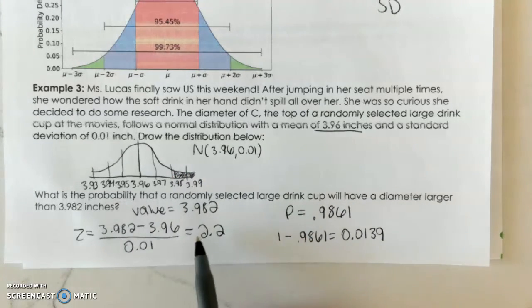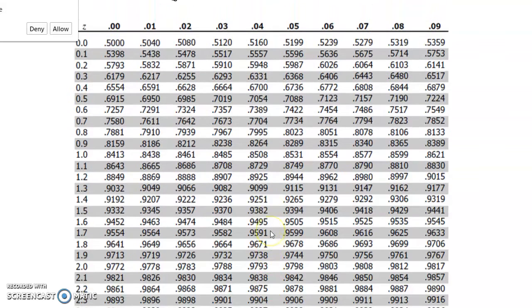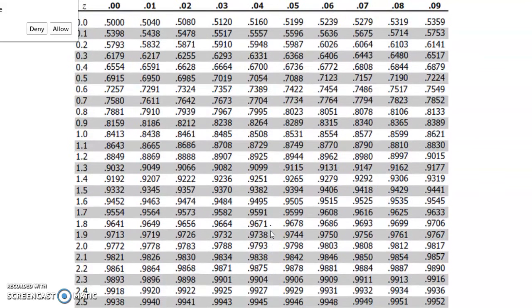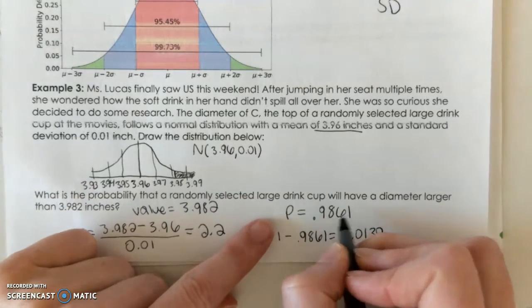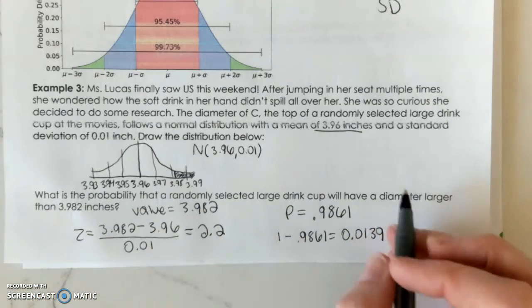So then I go to the table A, and I'm going to bring that up for you right now. And I'm going to find a z of 2.20, which I go 2.2 here, and it's the first column right here, because that would be the 0 on the end. So I get 0.9861. So if I'm looking back, I get my probability of a z-score of 2.2 is 0.9861, which would be 98.61%.